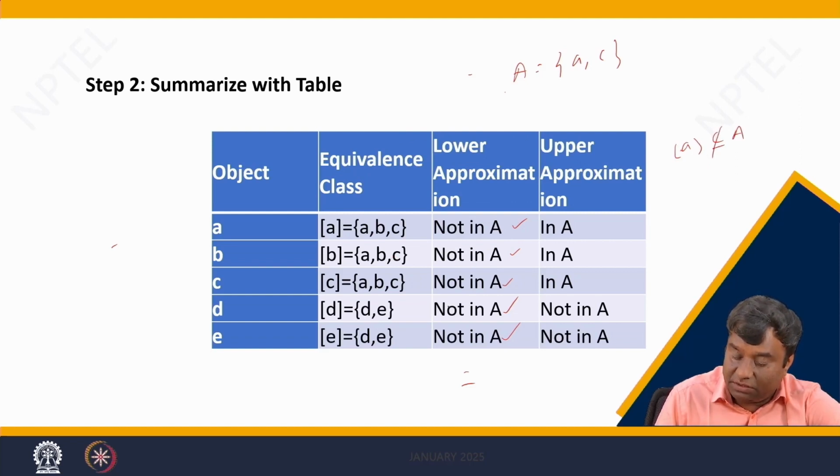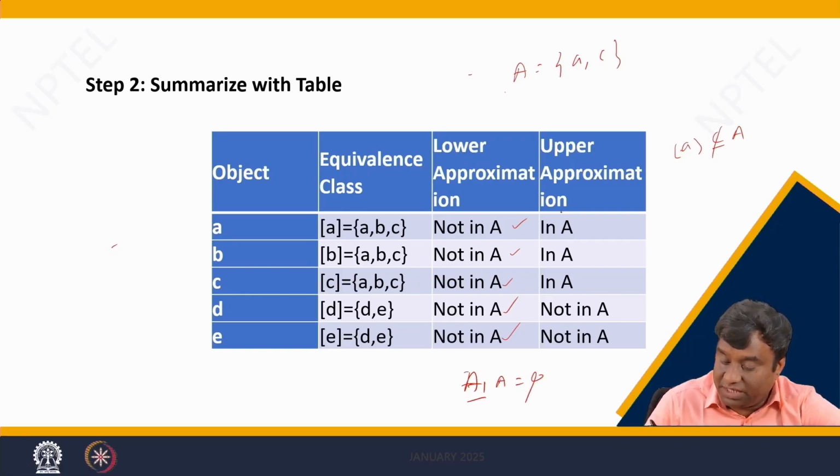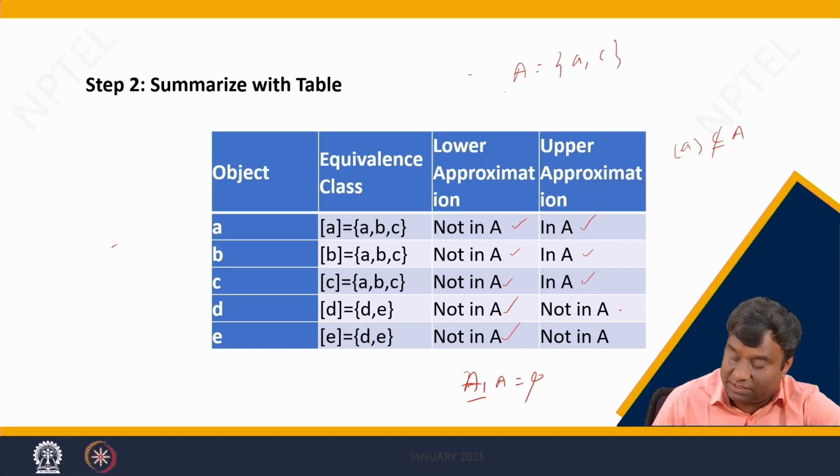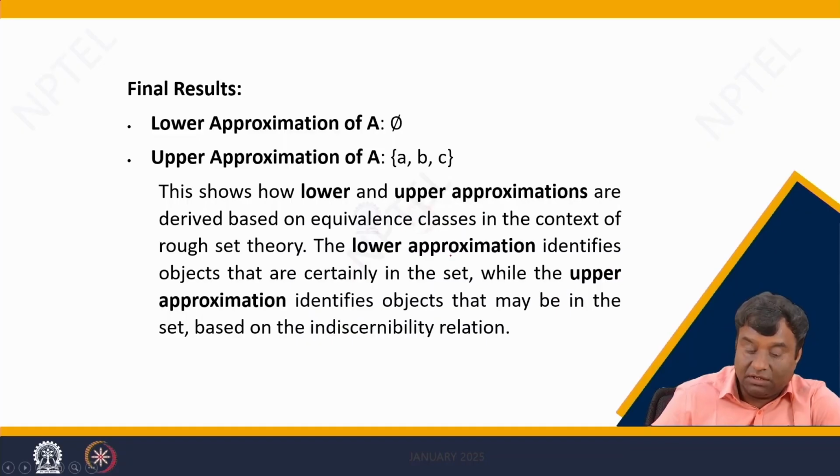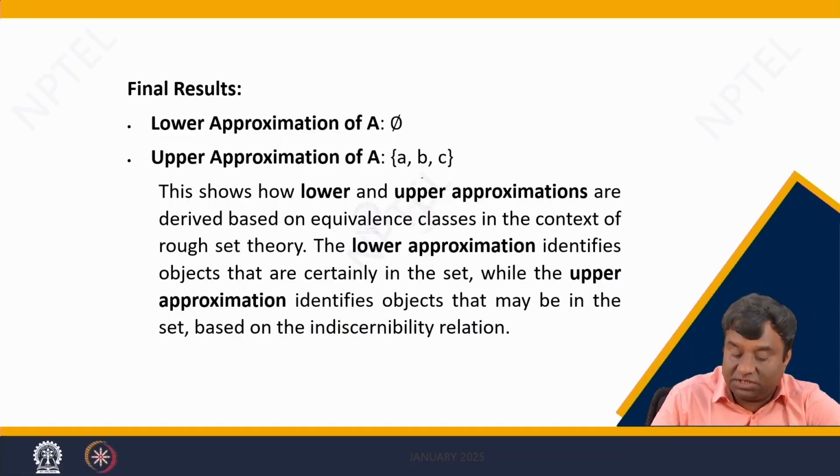Similarly, B, C, and D are also not present. So the lower approximation is the null set. But for {A, B, C} the intersection is {A, C}, so those are present in the upper approximation. For {D, E} the intersection is the null set, so those are not present. So the lower approximation is phi and the upper approximation is {A, B, C}.